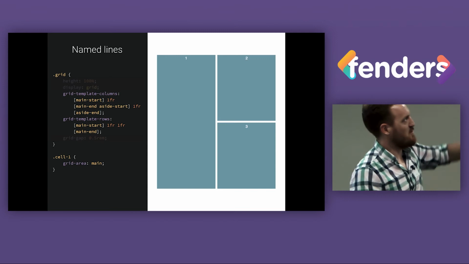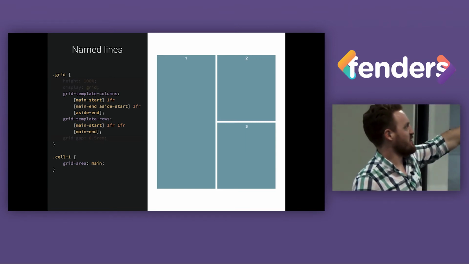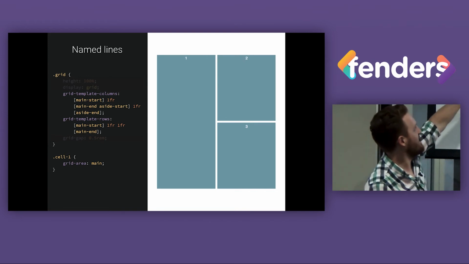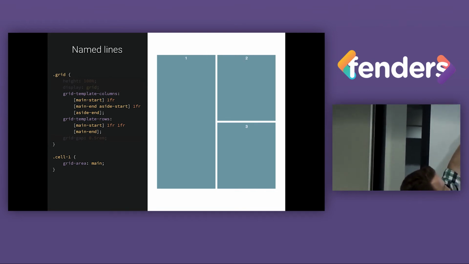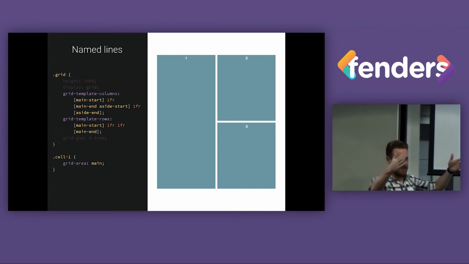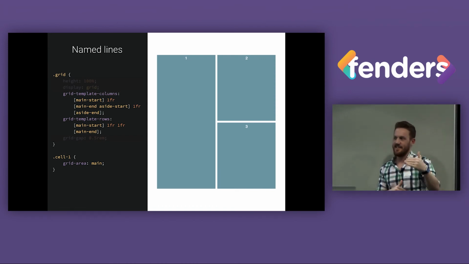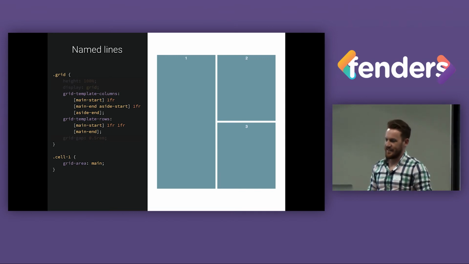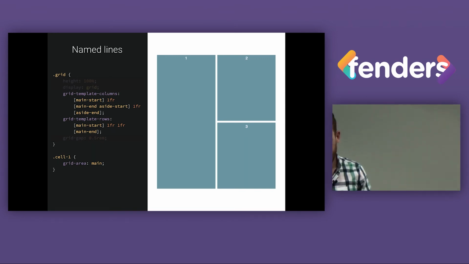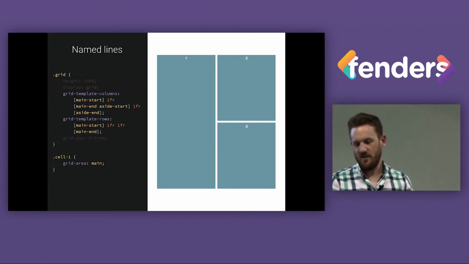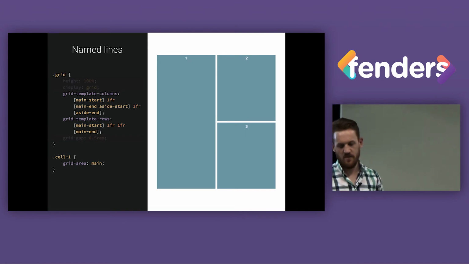So if you look at number 1 here, I've given it the grid area of main. I haven't needed to use the slashes and all of that. It's because these match up with it. It's got a start, it's got an end, it's got a start, and it's got an end. So Grid's automatically going, oh, okay, this is an area. I can just put it into here. So you can essentially use both approaches together there.